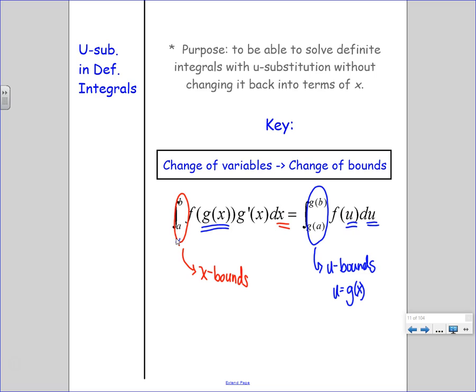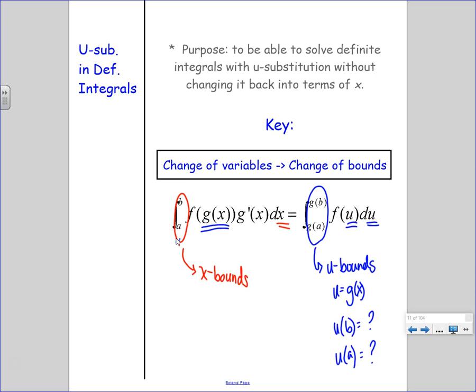U is the inner function. So ultimately, how you find the u bounds, this g of b and g of a, it really is just saying, hey, plug the b into u and get a u bound. Plug the a into u and get the u bound, and plug those in. In fact, when they put the g of b and g of a, they're really just saying, hey, find the u when x is b. Find the u when x is a. And it's very important, the symmetry.